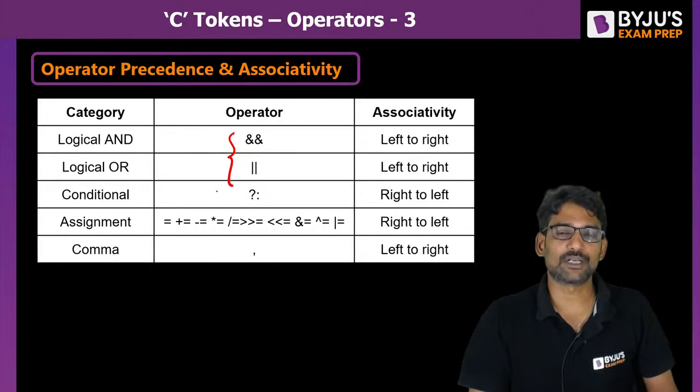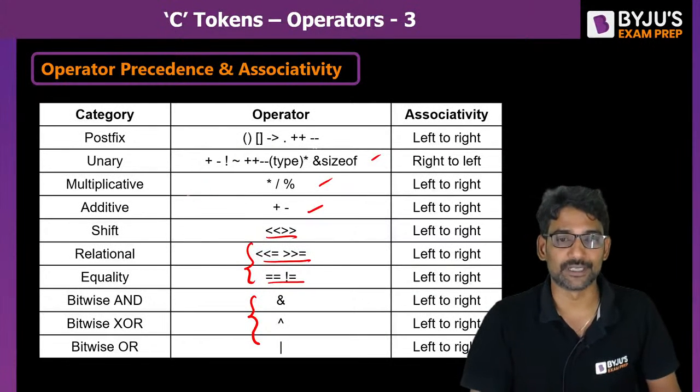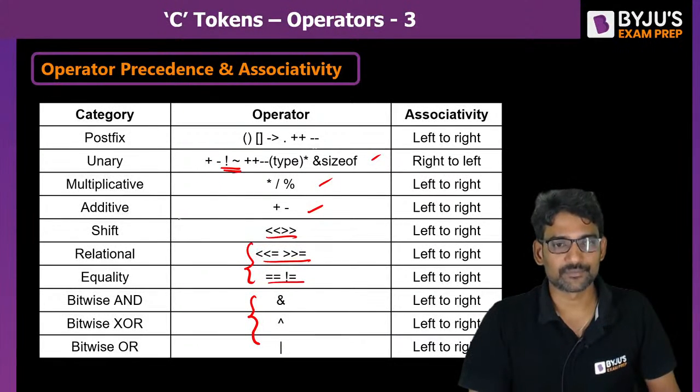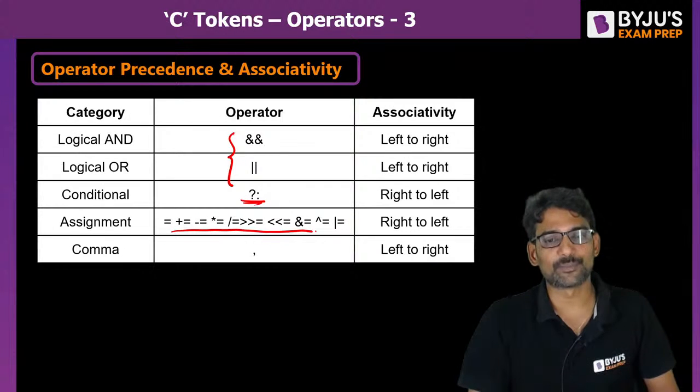Sir, where is not? Logical not and bitwise not are unary, so they are in the unary group. Then the conditional operator, then assignment operators, then the comma operator.